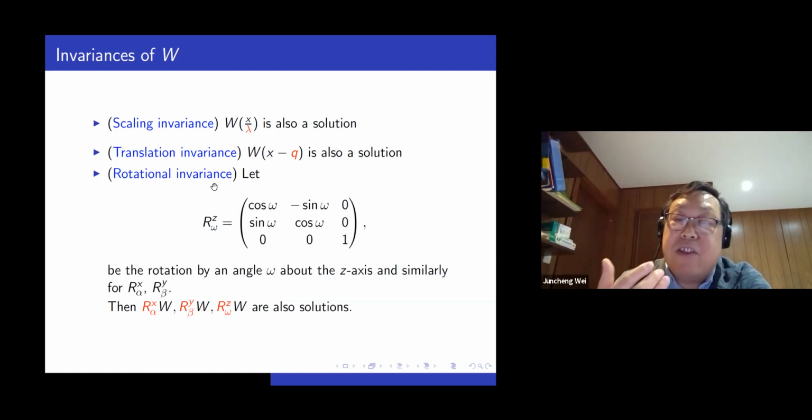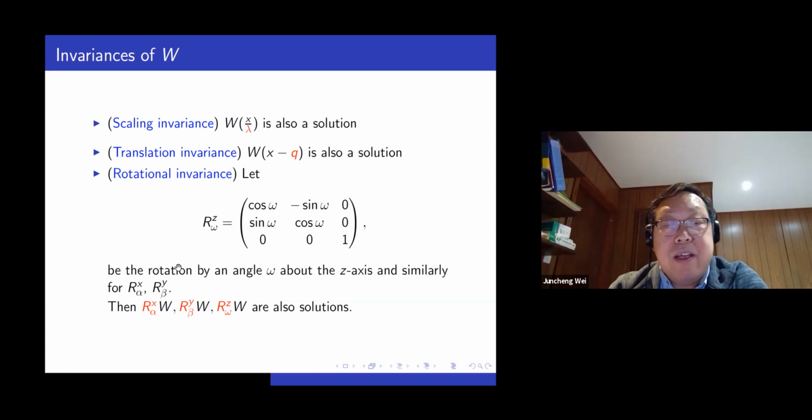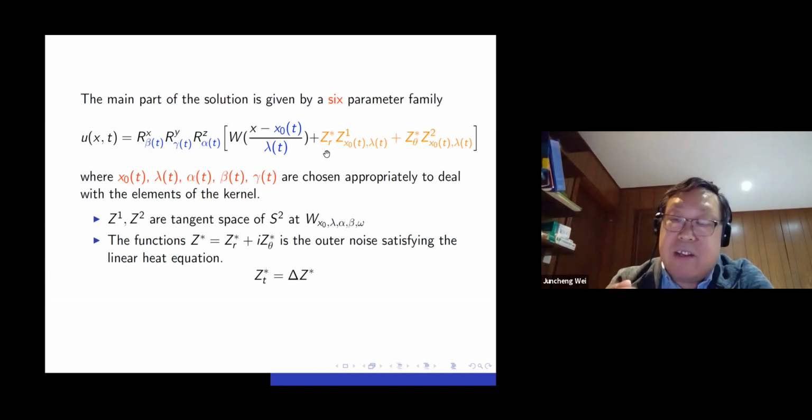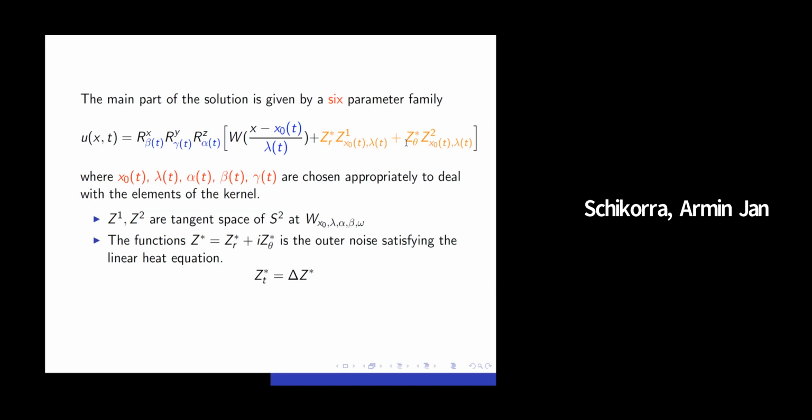Since we are doing the general case, we have to consider all invariances. So you have 3 rotations, 1 scaling and 2 translations, in total 6 parameters. So our solution is basically a 6 parameter solution plus an outside noise. This noise is the U infinity, and this is the general description of a blob.